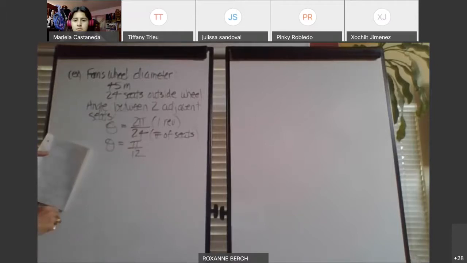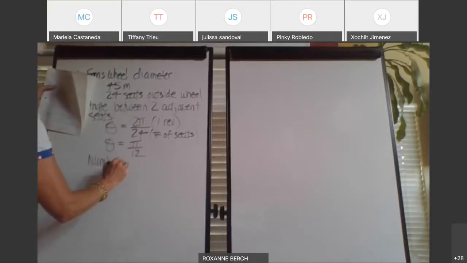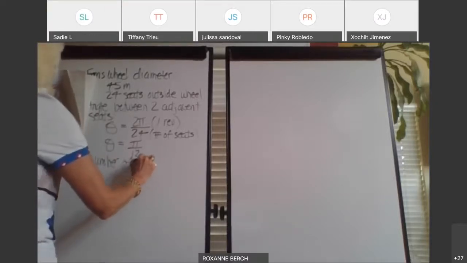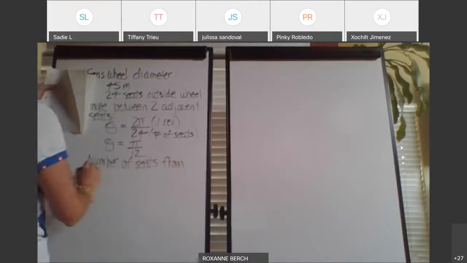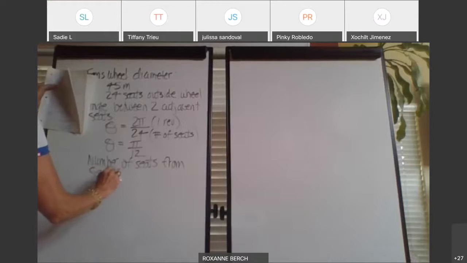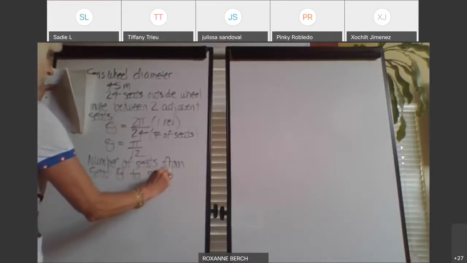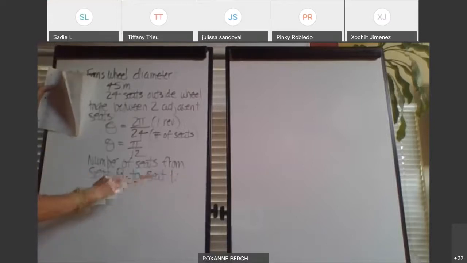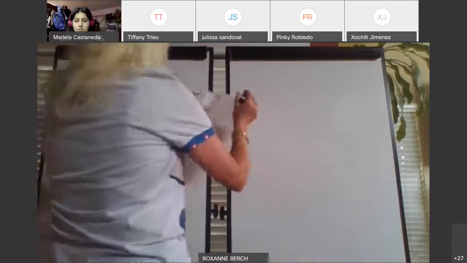Okay, hopefully everybody's okay now. All right, so let's keep going here. So the number of seats from seat 8 to seat 1 is 8 minus 1, right? Which is 7. I don't think you can see that, so I'll write this over here.